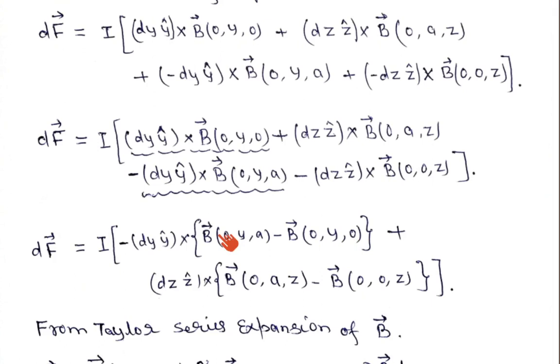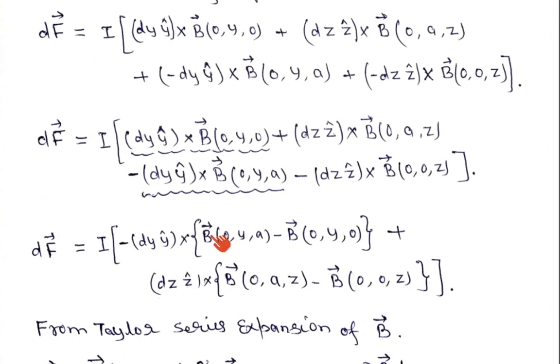That is giving the change in magnetic field, the magnetic field gradient. Similarly, for this value and this value, dz z unit vector is common, so I have taken dz z unit vector as common, cross product, so this will give B at 0, a, z minus B at 0, 0, z position. So that is the dF vector.